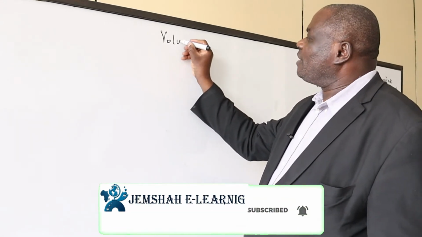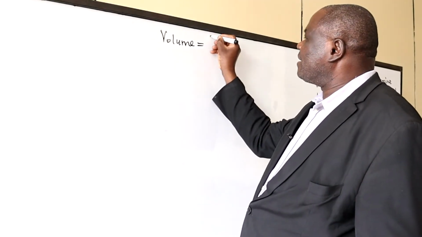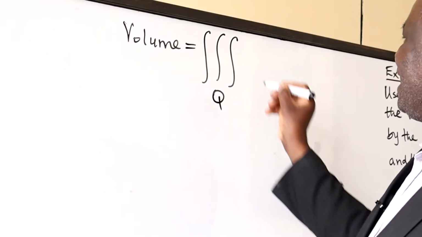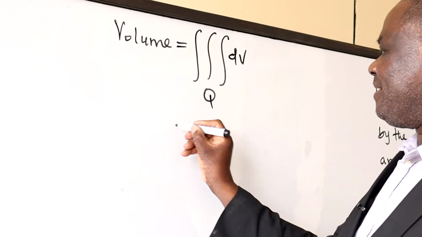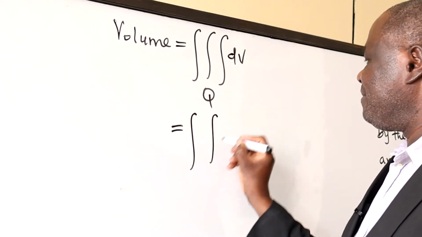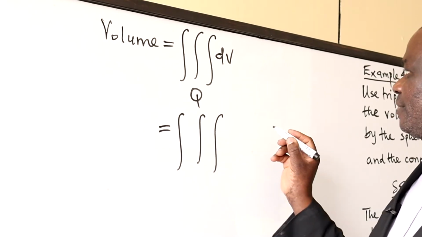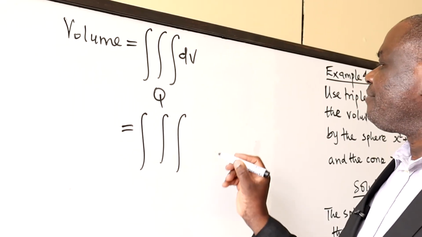So volume is always given by a triple integral. Limits come from the solid concerned. Then we have dV, which is equal to a triple integral.